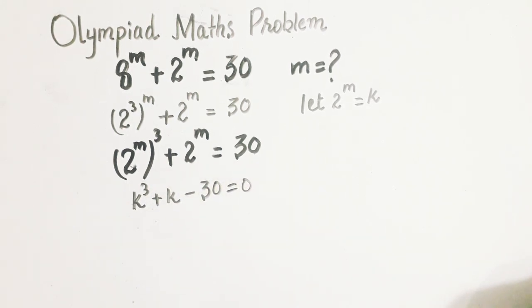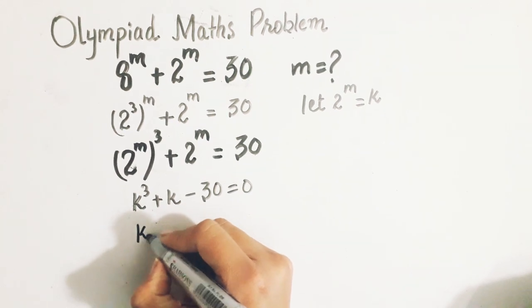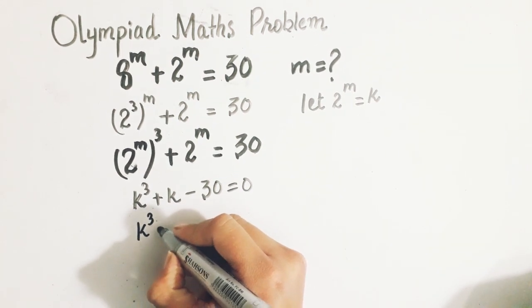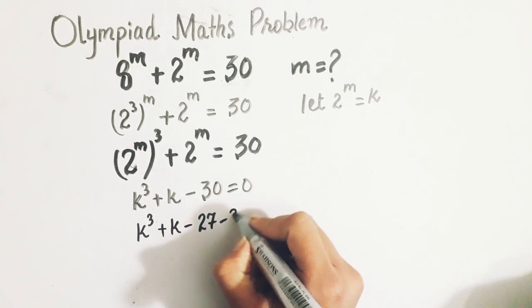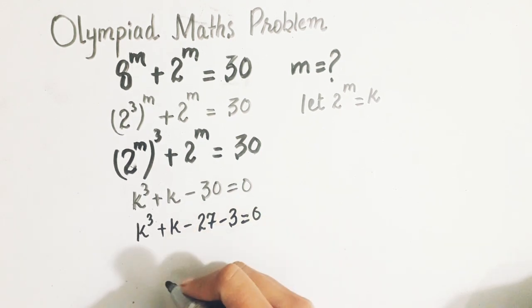Now we will make the factors of 30 such that they give the cube of 3 and minus 3. So we will write this as k cube plus k minus 27 minus 3 equals 0.